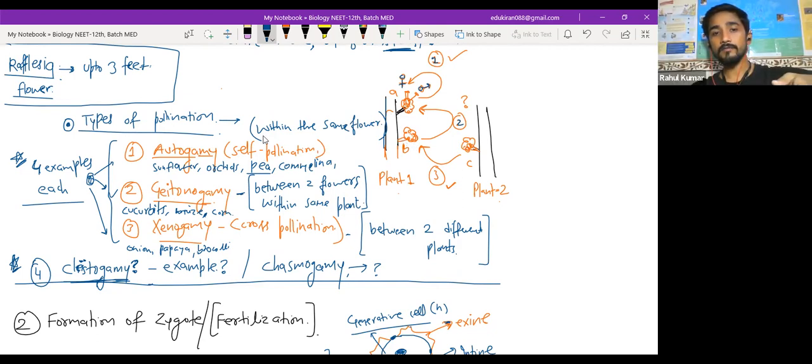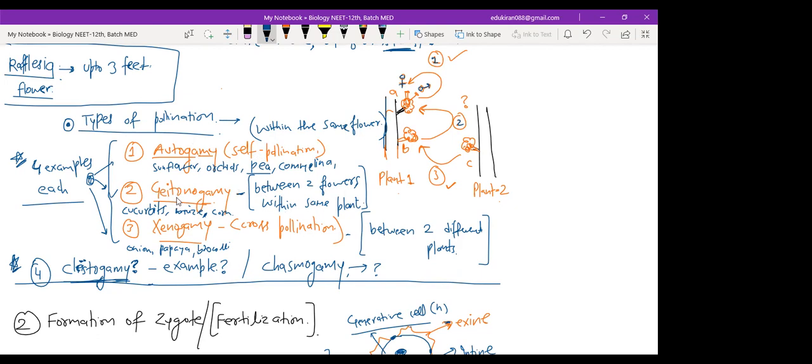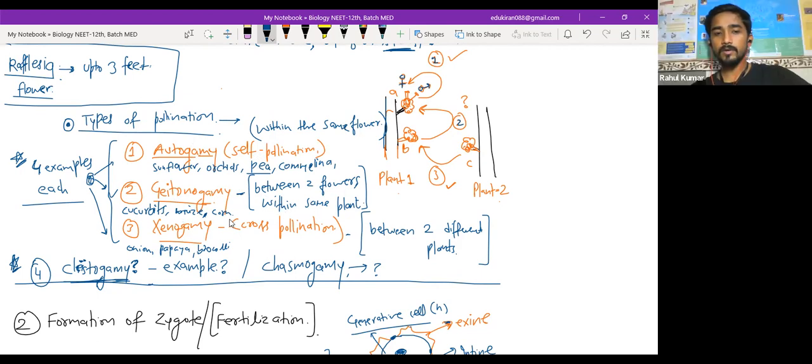So if it is within the same flower, it is autogamy. If it is between two flowers, but within the same plant, it is geitonogamy. Is it clear, Matthew and Samara? Yes, sir. Examples are cucurbits, maize, or corn, whatever you call it. They are the most common examples. So between two flowers, but within the same plant.